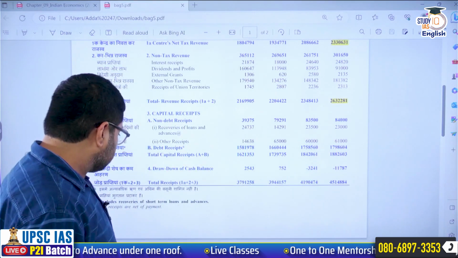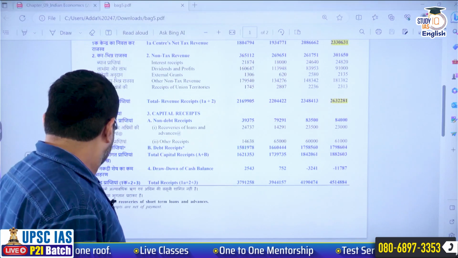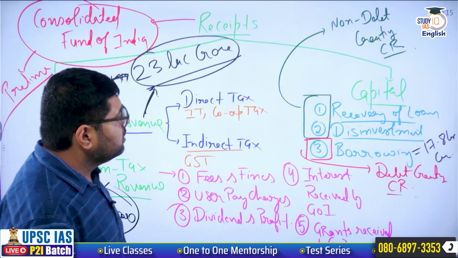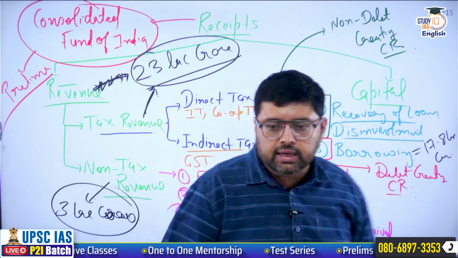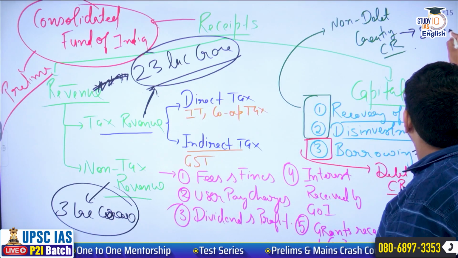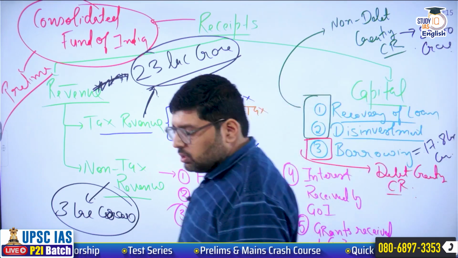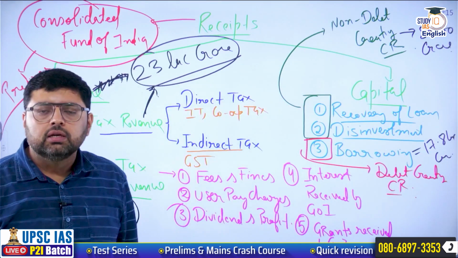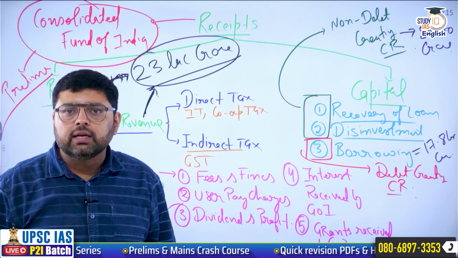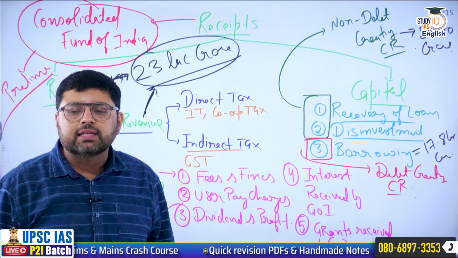So if you see, how much is the non-debt creating capital receipt? 84,000 crore. Now if a question comes like this: in India, non-debt creating capital receipt is more than non-tax revenue receipt.